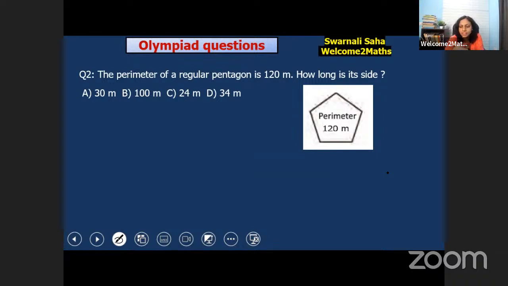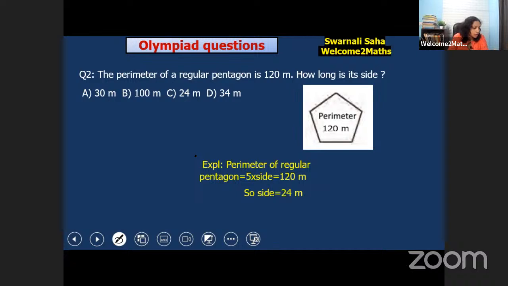Anyone solve this? This is so easy. Yes, so then let's see the answer. 5 into side is 120.